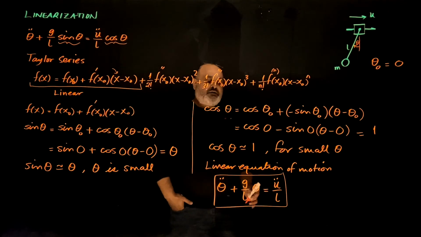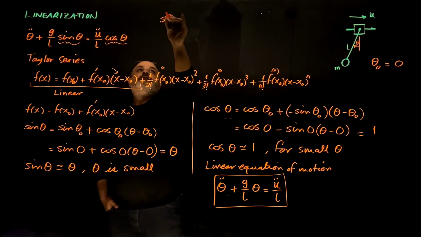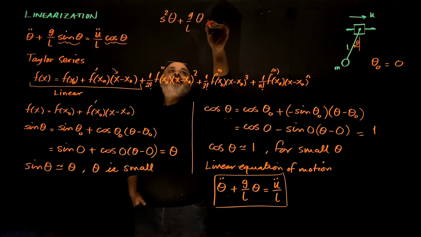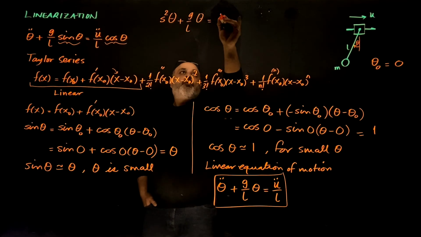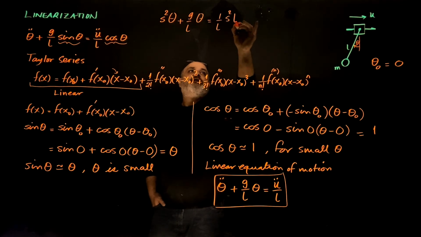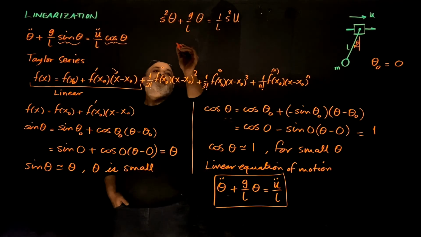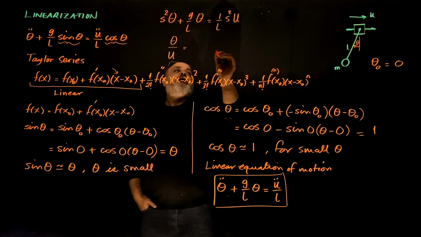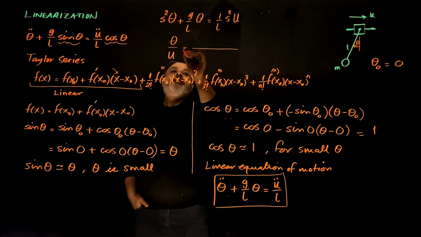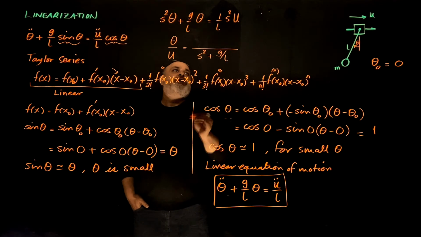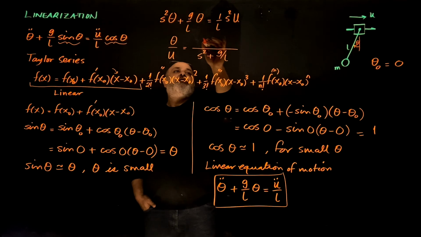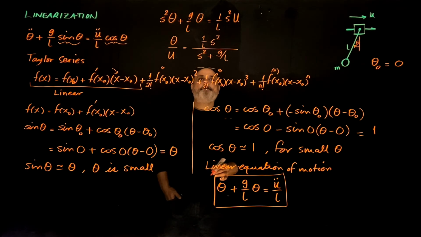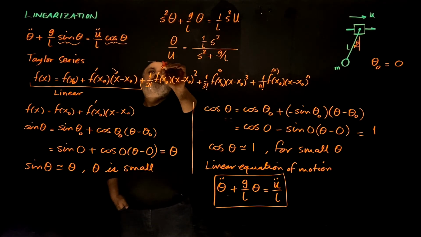And of course I can also find the transfer function: s squared theta plus g over L theta equals 1 over L s squared u, and the output theta divided by u is 1 over L s squared, over s squared plus g over L. And this is my linear transfer function.